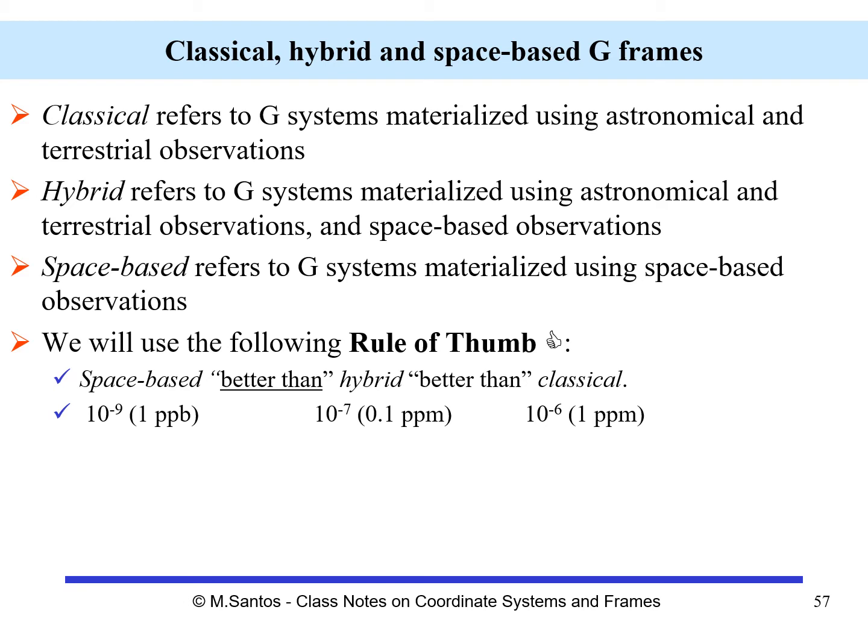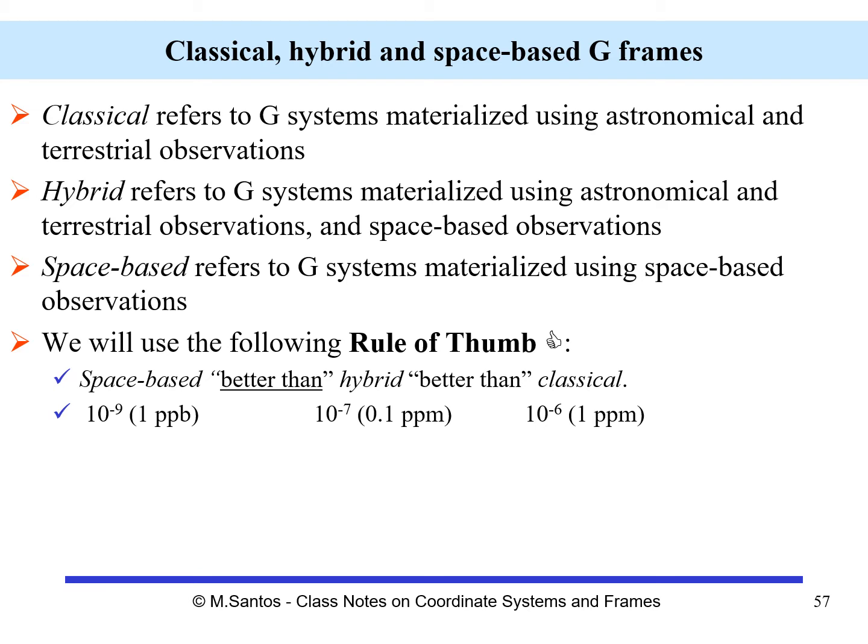We're going to call classical geodetic frames those that refer to the geodetic systems materialized using astronomical and or terrestrial observations. We are going to call a hybrid geodetic frame the ones that refer to geodetic systems materialized using astronomical and terrestrial observations and space-based observations.